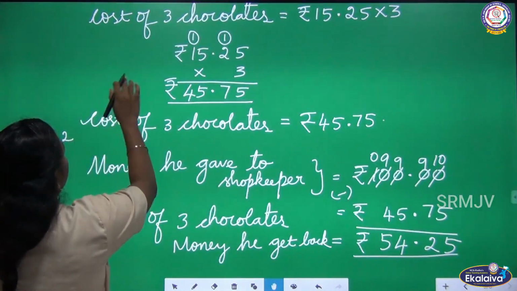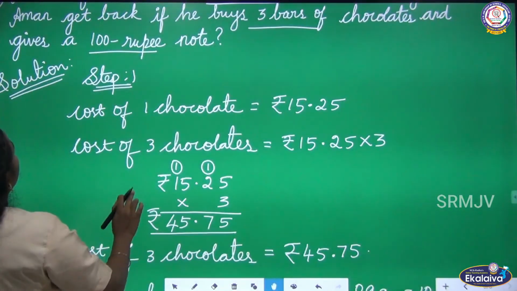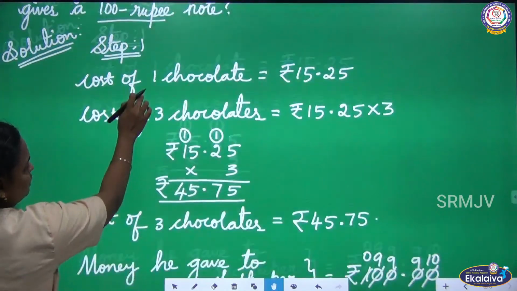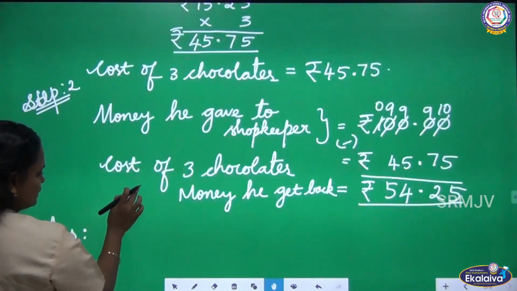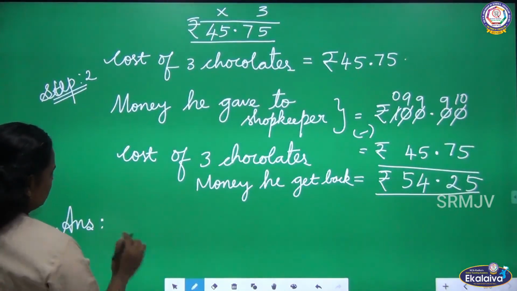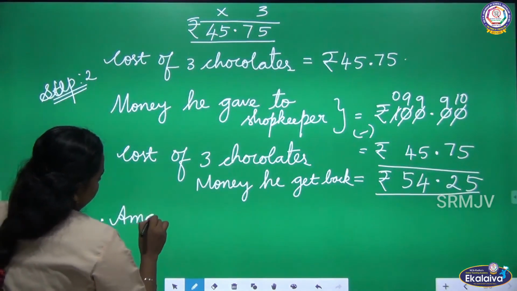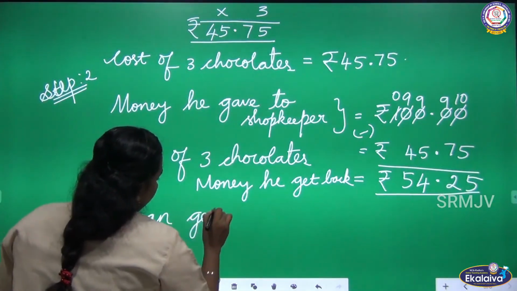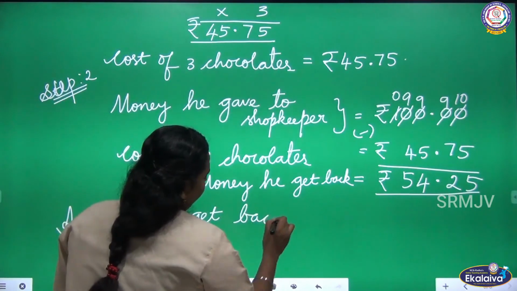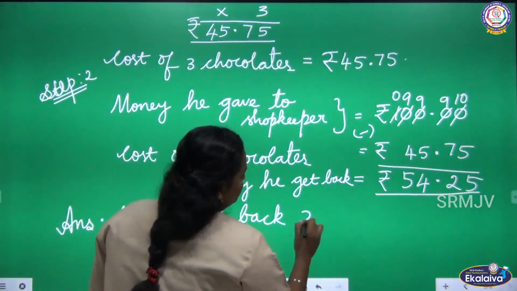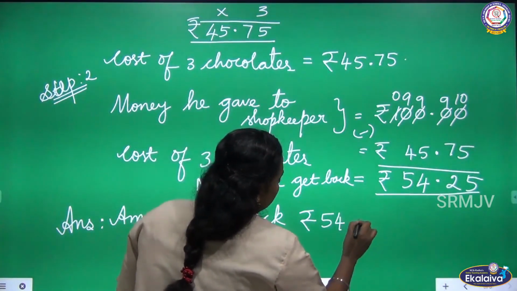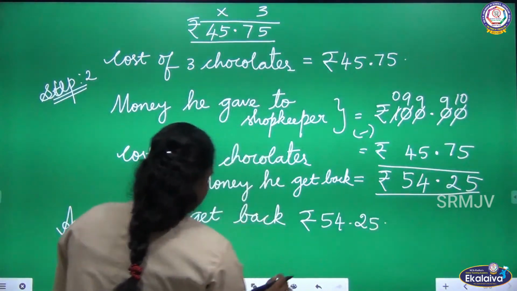So listen. So Aman get back rupees 54 rupees 25 paise.